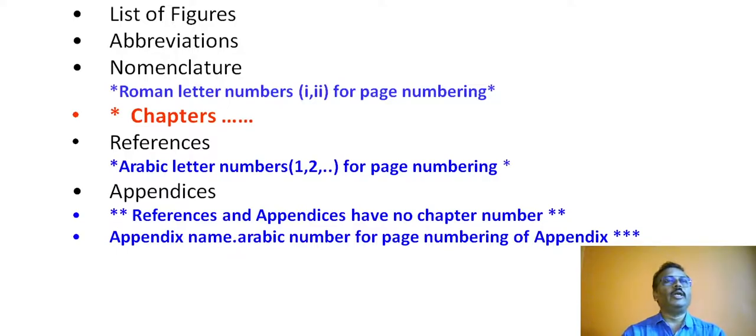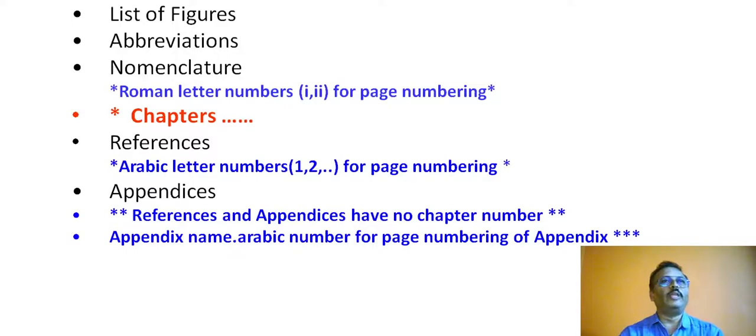And then followed by the chapters, the detailed description of chapters, chapter titles, sections, etc. So you are going to write, and then the references. Arabic numerals are used here for numbering. But usually references will not have any number. That is generally avoided, but chapters will have it.